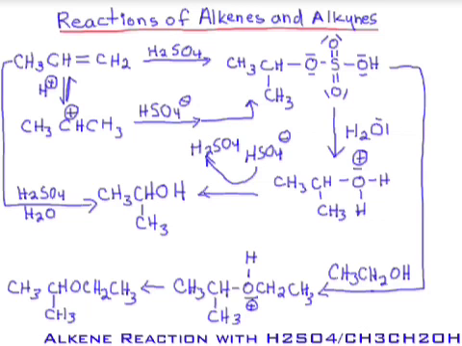We can go through the hydrogen sulfate if we react first with pure sulfuric acid at low temperature, and then subsequently react with water. If you use H2SO4 mixed with water, we will get the alcohol. Lastly, if we use an alcohol instead of water, we'll get an ether.